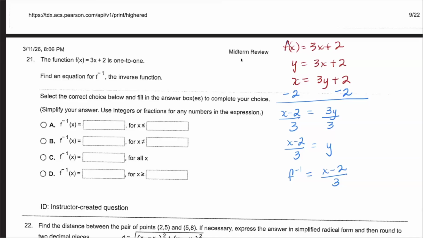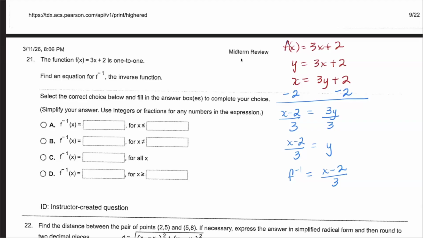Now, this one is a rational function, but it doesn't have any variables in the denominator. That's the key for dealing with domain problems. For rational functions, if it doesn't have a variable in the denominator at all, then it doesn't have any domain restrictions. So this is going to be true for all real numbers.